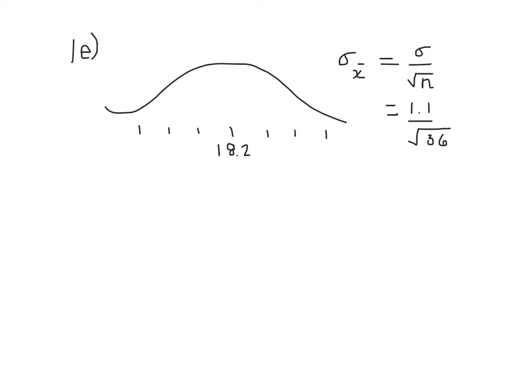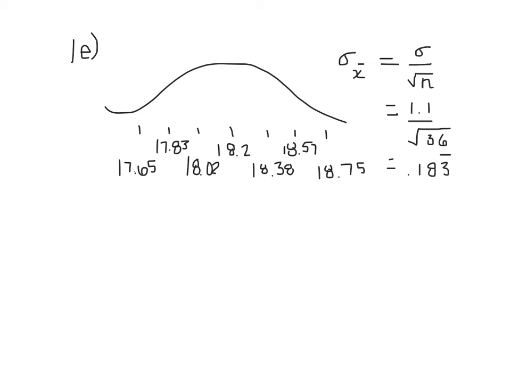So if you take 1.1 and you divide by 6, which is the square root of 36, you get a standard deviation of about 0.183. It's actually 0.183 repeating. So what I've done here in this normal curve to try to help you visualize this is this normal curve should be centered at 18.2 inches, and every standard deviation to the right of it I should add an additional 0.183 inch, and every standard deviation below the mean of 18.2 I should subtract 0.183 inch.